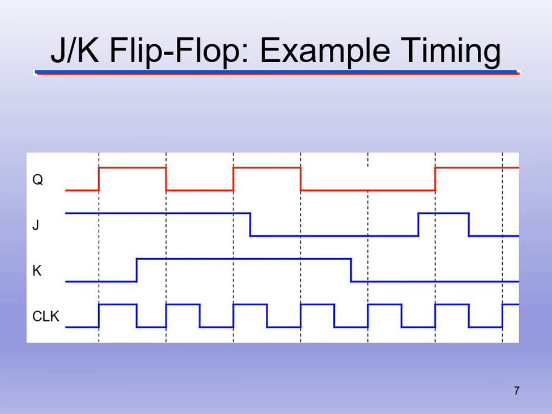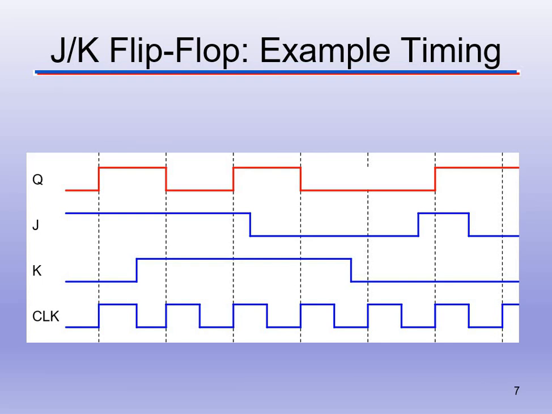Okay? And then at the next rising edge, we have J is at 1, K is at 1. We will toggle again. So Q toggles, because J and K are both 1s, Q is going to toggle to 1. Then if we look at the next rising edge of the clock, J drops down to 0, K is at 1. 0, 1 automatically tells Q to go to 0. It's not a toggle, it's using the truth table on the previous slide.